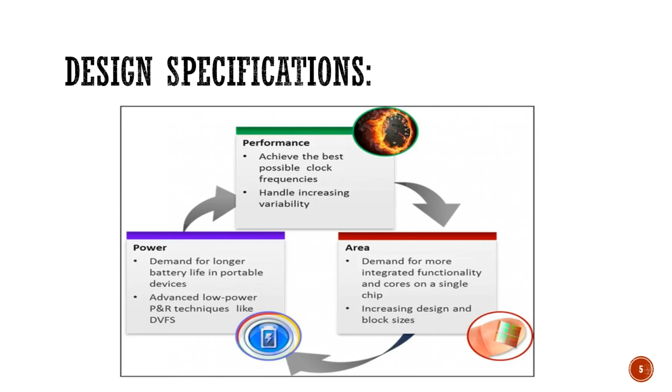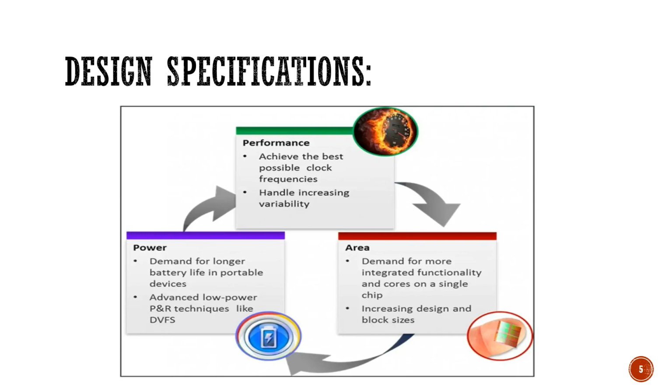So when you are designing a product, the first and foremost is area. If a customer requires the product to be a portable one, your area should be as minimum as possible. And while concentrating on area, the other parameters that are going to be involved are power and performance. Performance represents how fast your device responds based on various clock frequency.